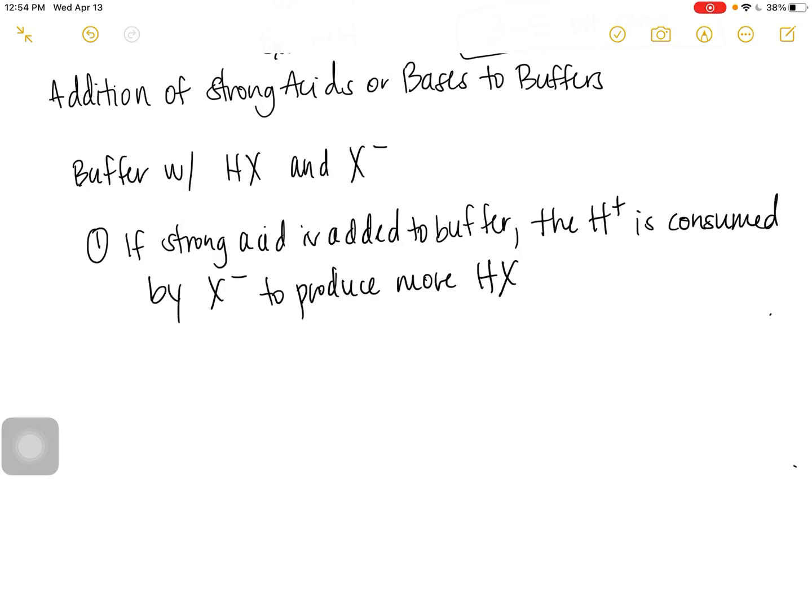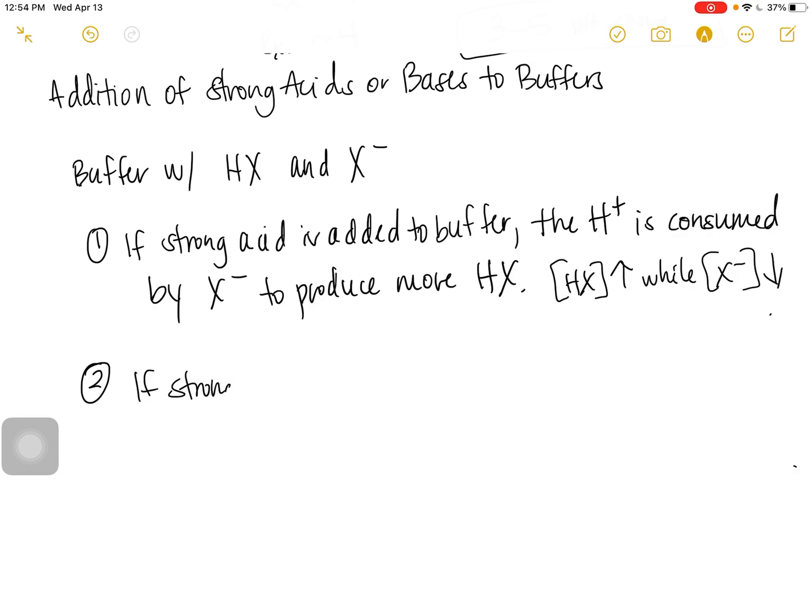Okay, so think about the X minus acting as a conjugate base to accept the proton and to reform the HX. So what happens is the concentration of HX is going to increase in this process, while the concentration of X minus would decrease, right? Because the X minus is going to be reacting with the H+ to make the HX. So that's what would happen if you added a strong acid.